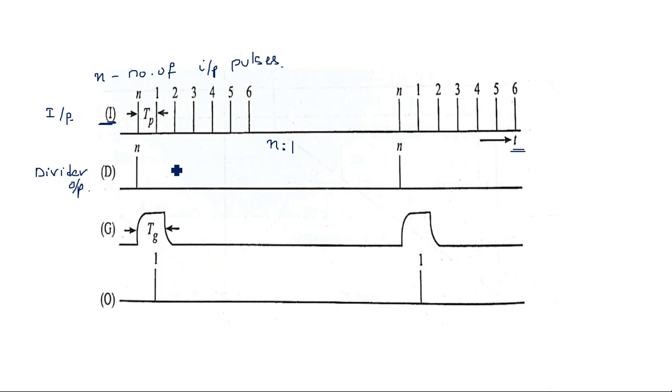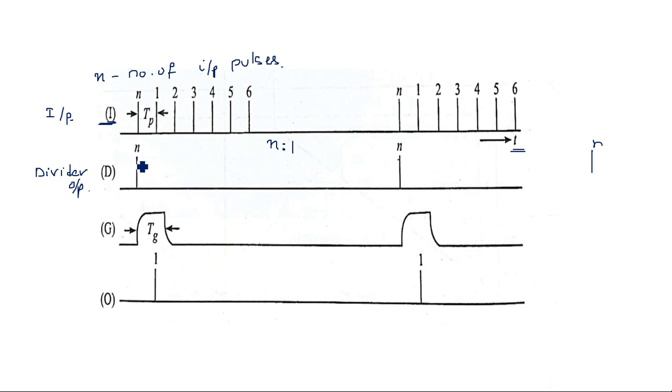Let us assume that only the nth pulse is coming. This is the nth pulse, again this nth pulse; wherever the nth pulse is there, that nth pulse will come. Hope you understand. Out of n pulses, only one pulse is coming. In this case, I have assumed n is the pulse number, that may be 1, 2, 3 and so on, any number of pulses.